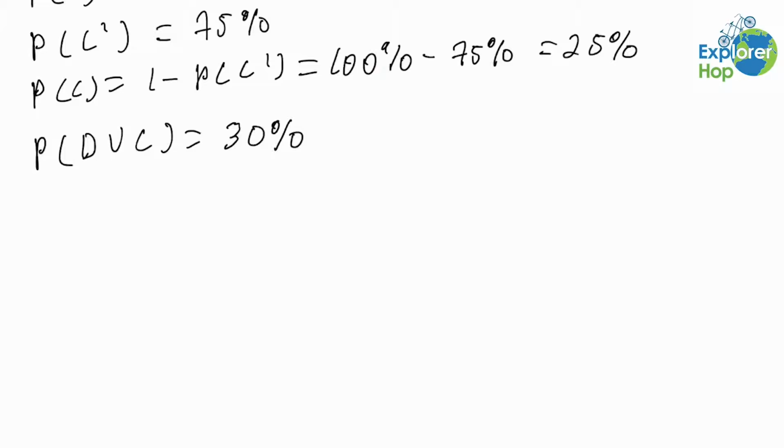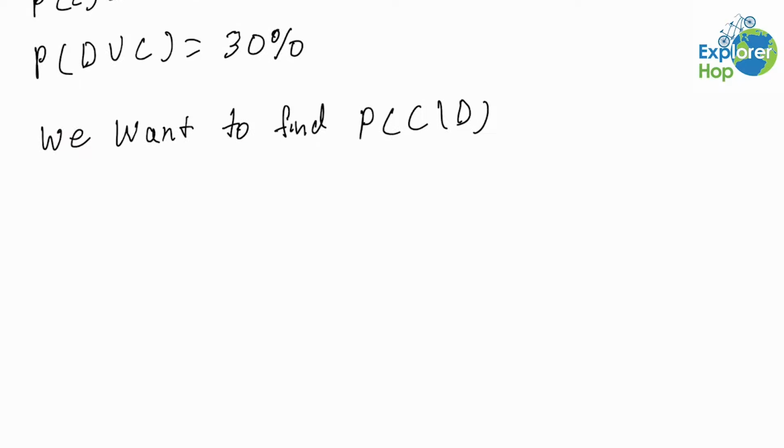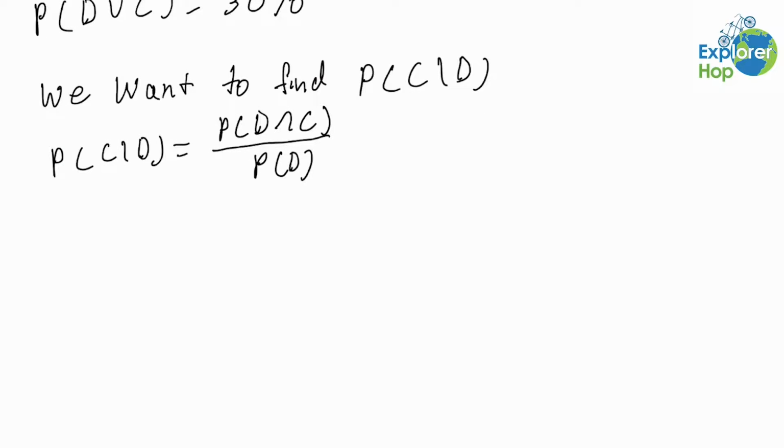So to do this, we want to find the probability of event C given D. And to do this, we know that the probability of event C given D is just equal to the probability of the intersection of event D and C divided by the probability of event D. But first, we must find the probability of the intersection of event D and C.